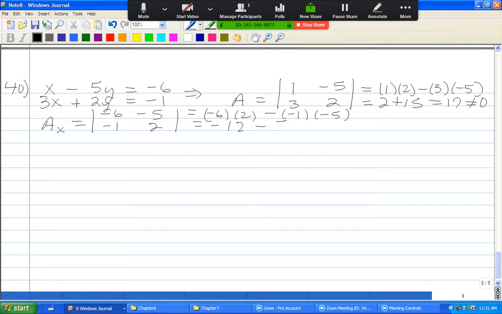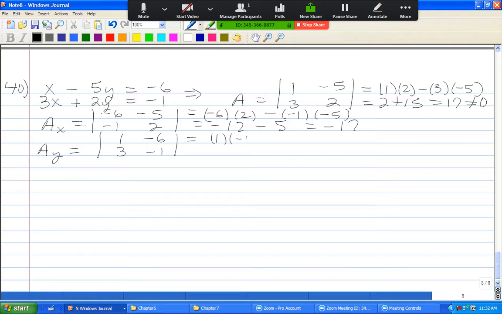Negative 12 minus 5 is negative 17. Let's do A sub y: replace the y column of the coefficient matrix by the non-homogeneous part.